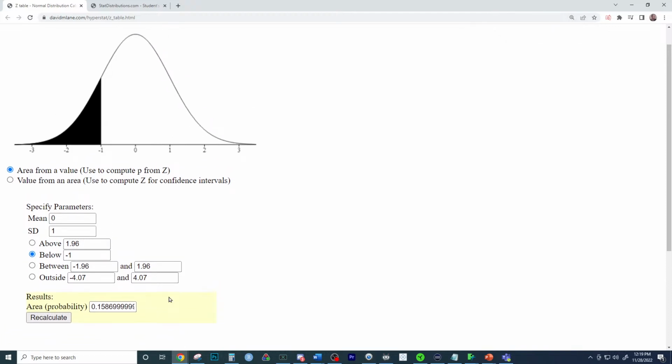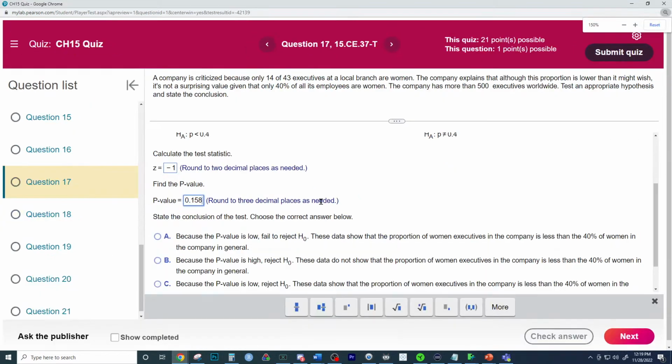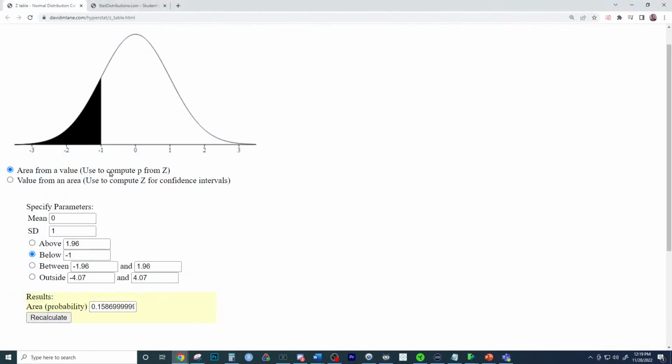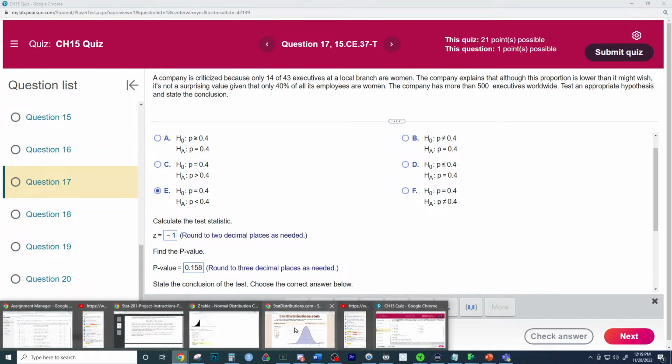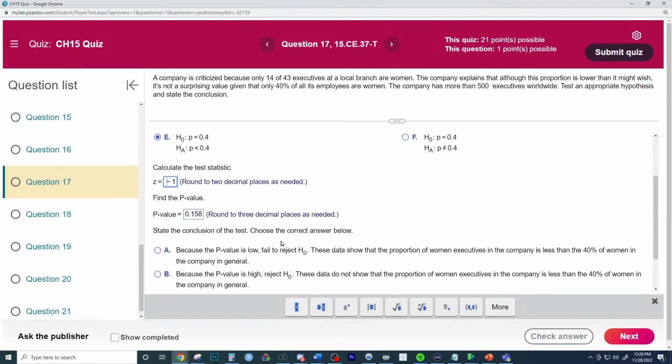So why would I shade to the left? Because the less than alternative, exactly. So the sign of the alternative indicates which way you shade on the curve. So we're shading below because of the less than alternative. So make sure to look at the sign of your alternative. Go to -1 on your Z for your Z-score. You don't need these other values, they might just confuse you. And then we have -1 and less than, and there you go.